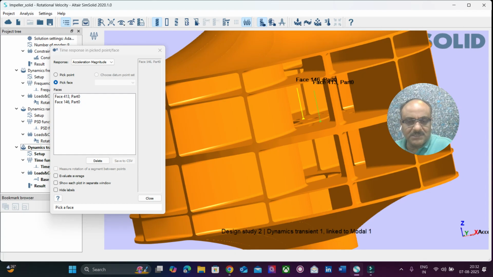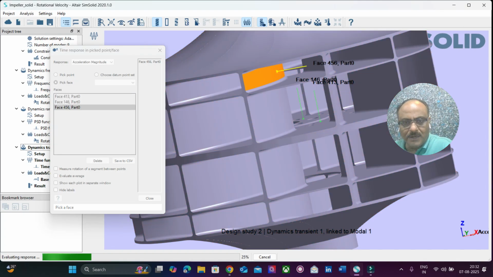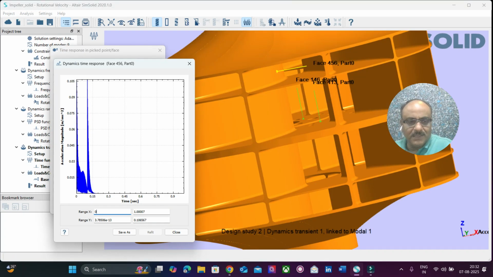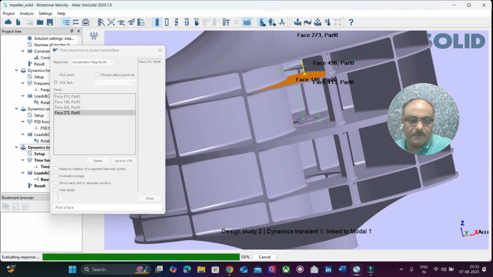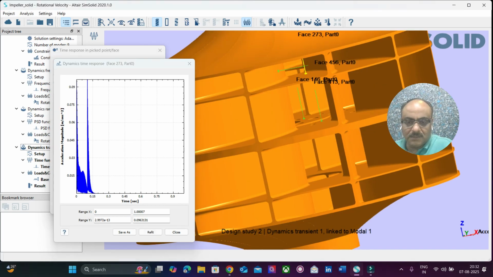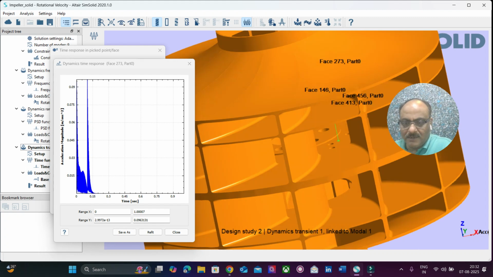Now let's find out what the response on the blade is going to be. Yes, this is the response on the blade. And what is the response on the top stiffener? Yes, this is the top stiffener, so you get a response like this. And then what is the response on the bottom shroud? This is the response on the bottom shroud.